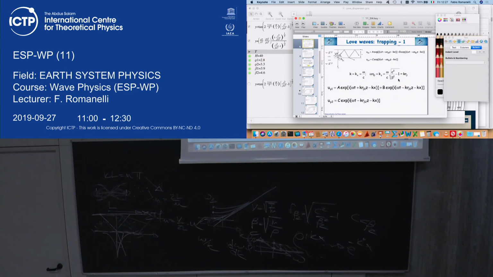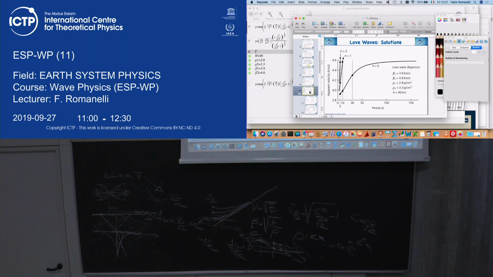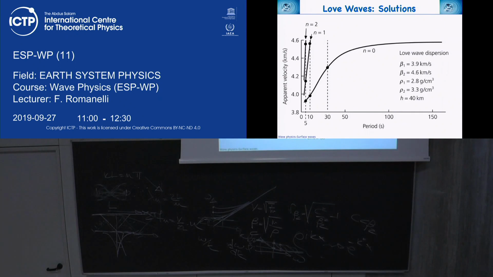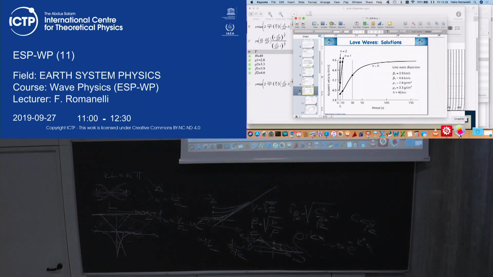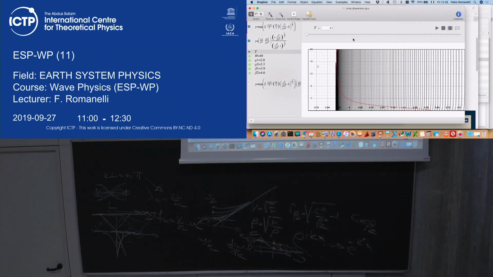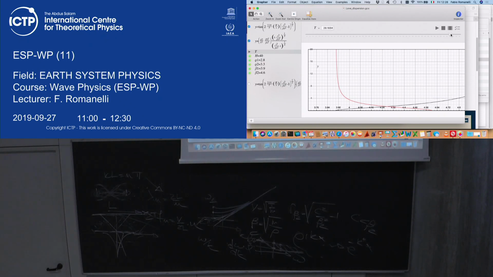Now let me ask you, and that's why this is the solution plotted following your textbook. It's called Love wave dispersion. These are the periods that same session we're considering, 30, 10, and here it's 5. They correspond to this animation here if you want. 30.